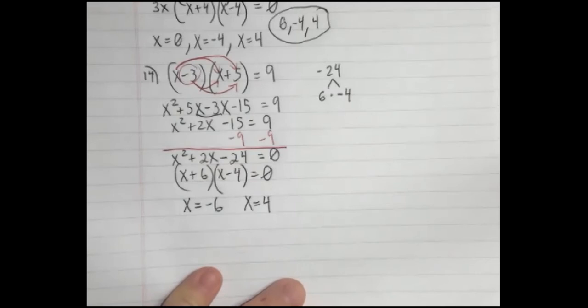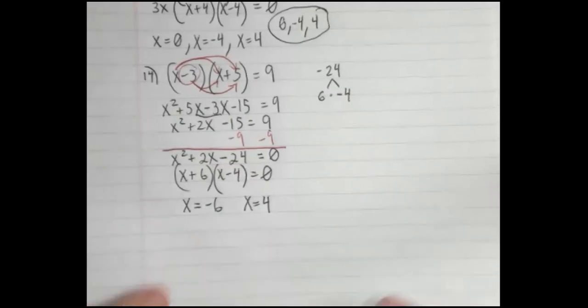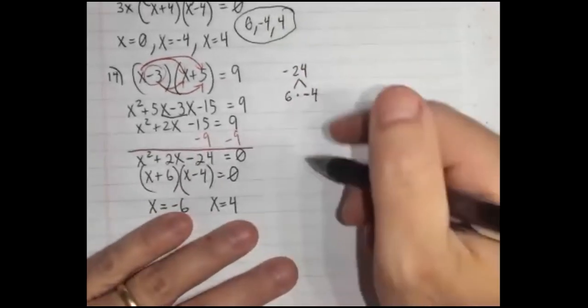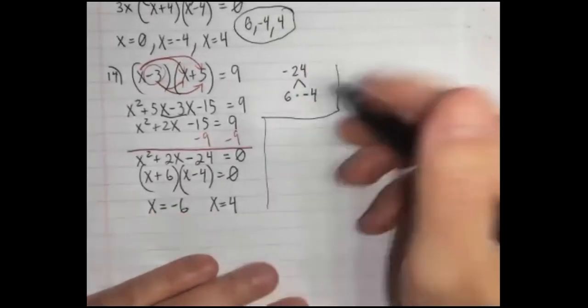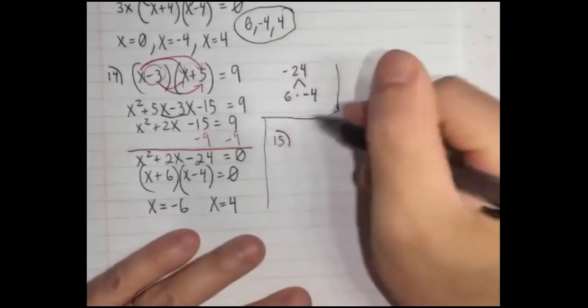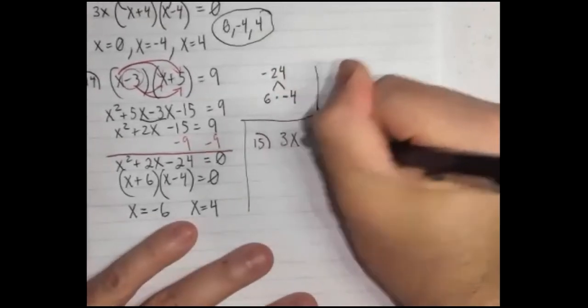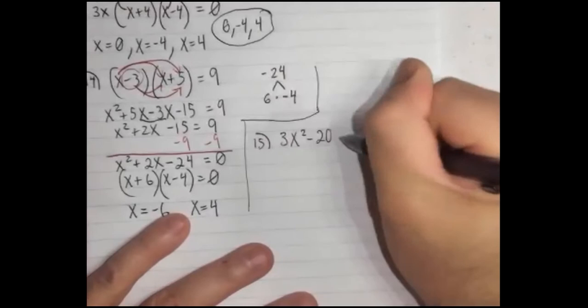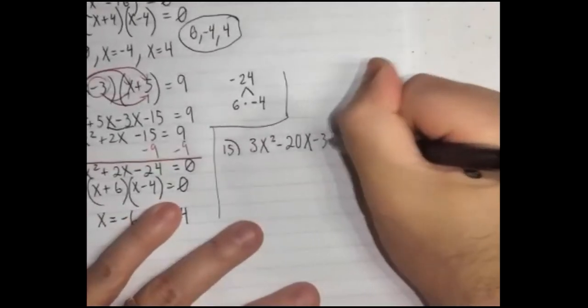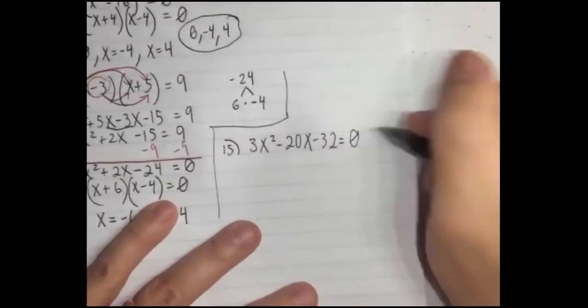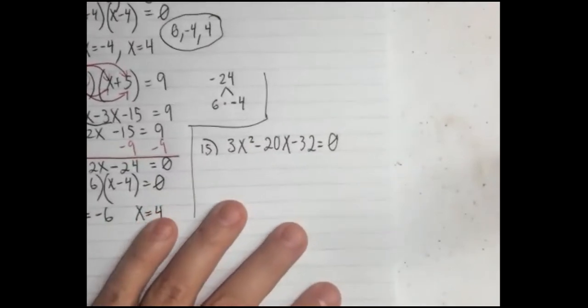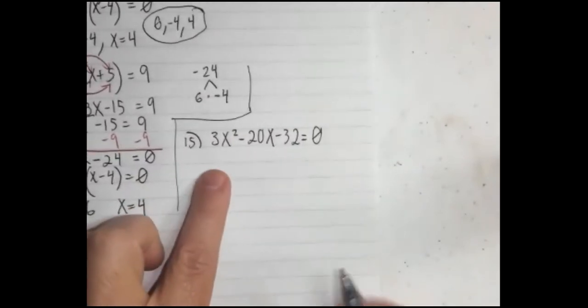We'll do a couple more examples I want to go over with you. I'm going to squeeze 15 in over here. This is one of these bigger type factoring problems where I recommend you go to that website again.